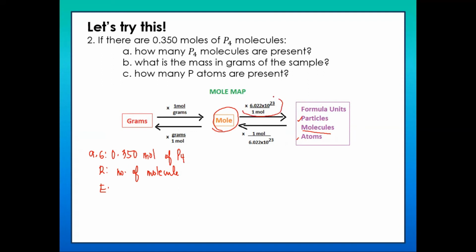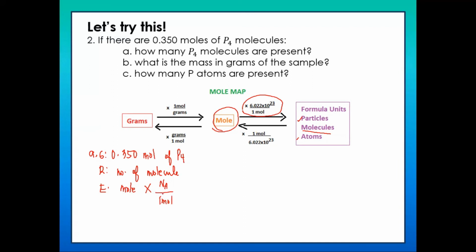So, we'll be using this as our dimensional analysis for this problem. So, mole multiplied to 6.022 times 10 raised to 23. That is your Avogadro's number, N sub A, your Avogadro's number over your 1 mole.